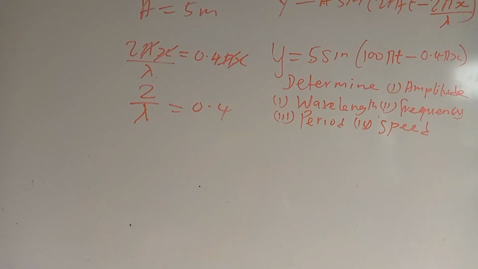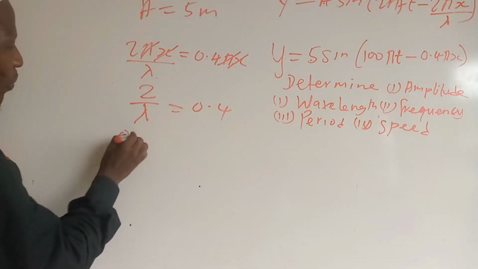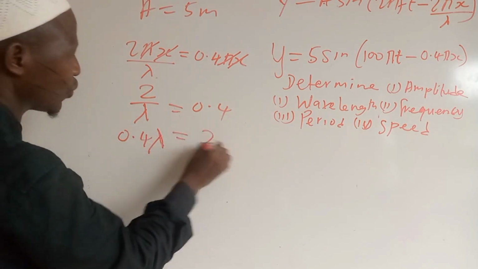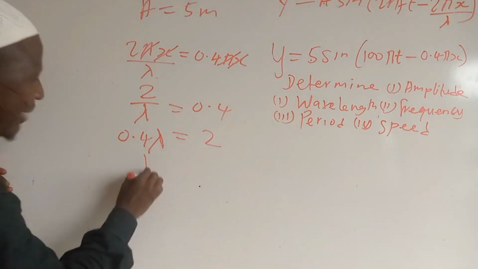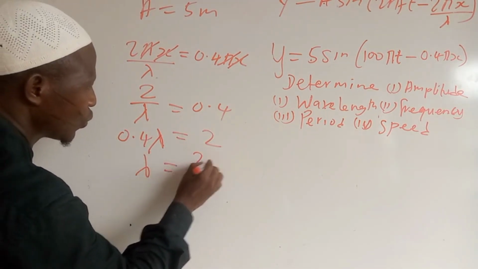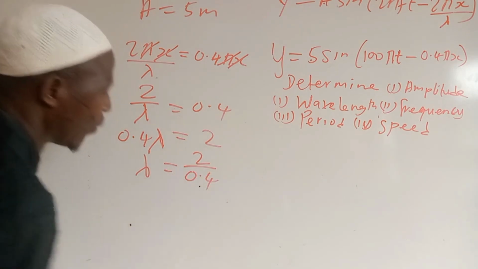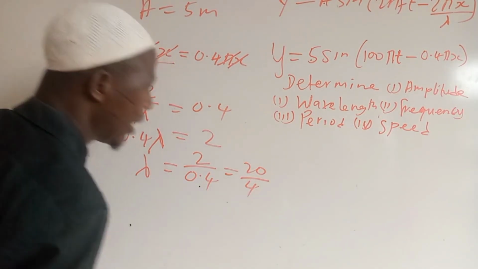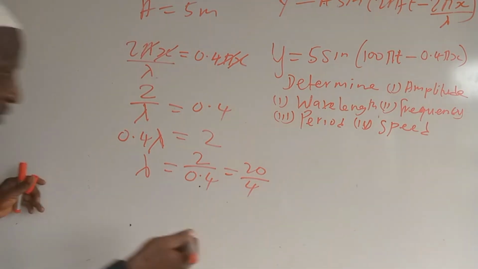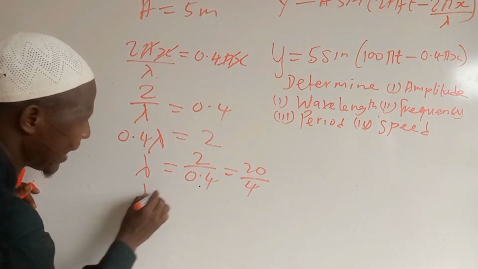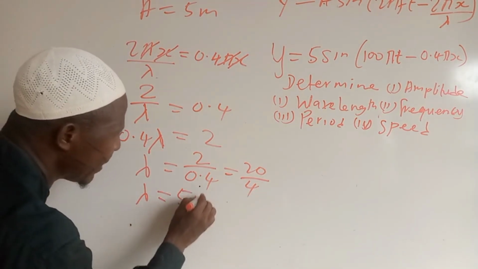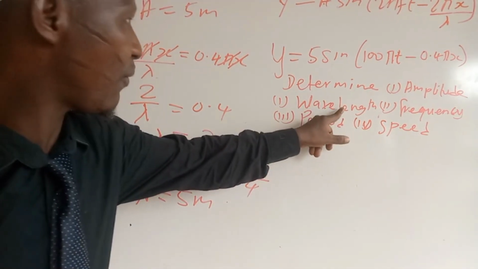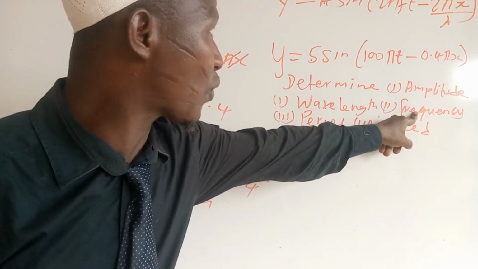Then you cross multiply. So it means 0.4 lambda is equal to 2. Therefore, lambda is equal to 2 divided by 0.4, which is 20 over 4. And 20 over 4 will give you 5. So lambda is also what? 5 meter.